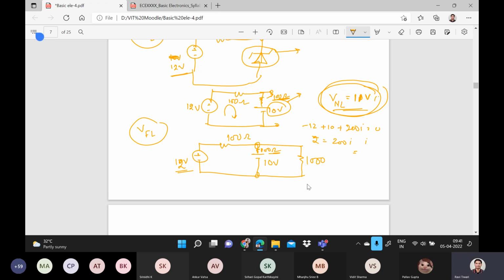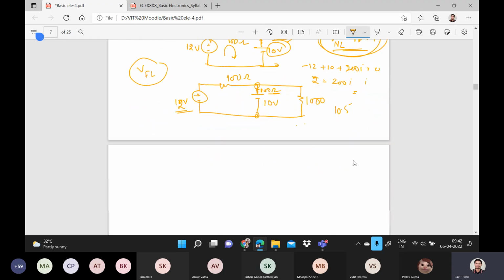And what about this full load? Sir, around 10.5. Okay.